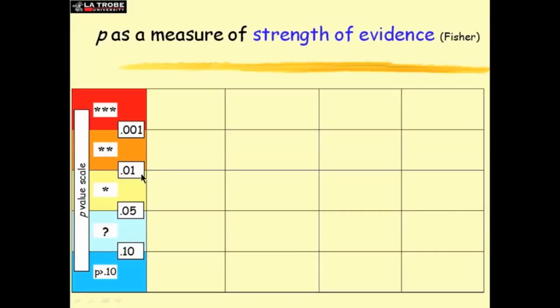I think that usually people think about p in terms of intervals like this. So p less than 0.001, 3 stars, all the way through to p greater than 0.10. And think of p as a measure of strength of evidence.